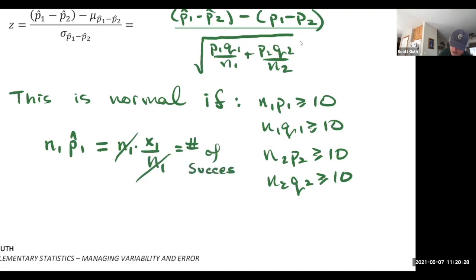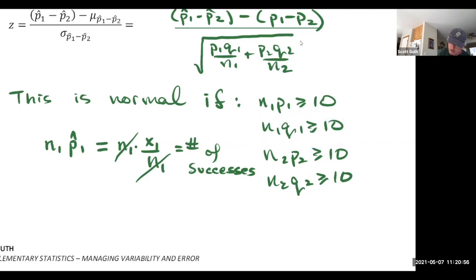Okay, so all that is to say, instead of checking n1 p1, we're just going to say at least 10 successes in the sample, because that's approximately what n1 p1 will be using p1 hat. p1 hat is the estimate of p1. You do the math: n1 times q1 hat is the number of failures.